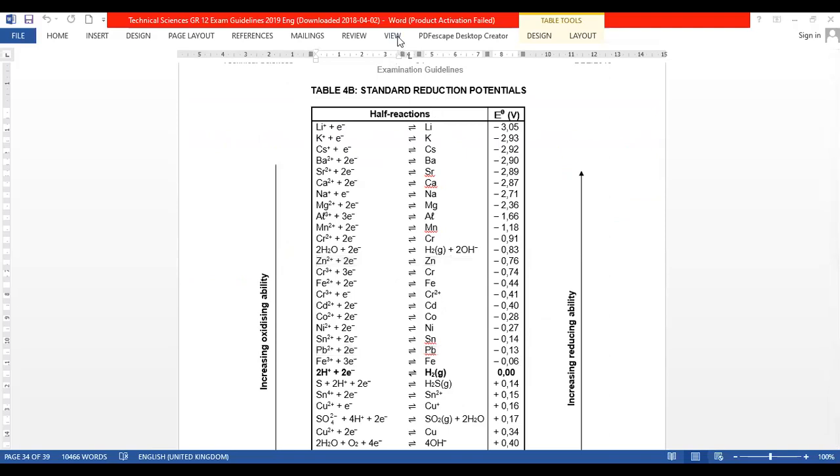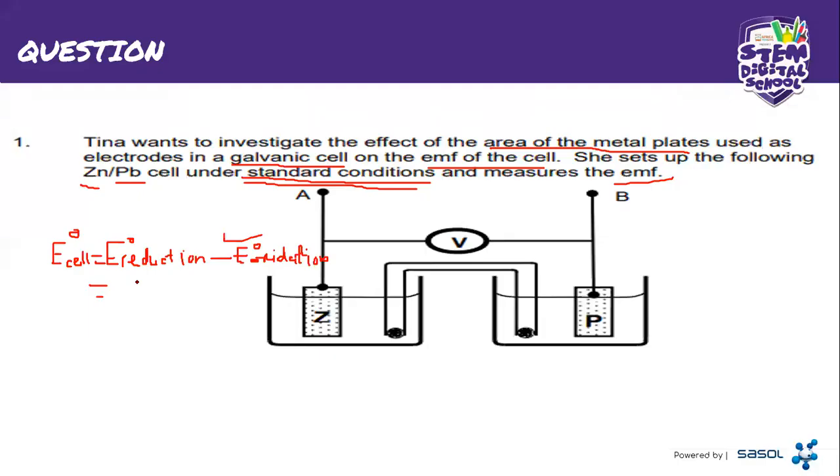Then I'm going to say for the substance that underwent reduction, which is the lead, the E naught value was negative 0.13 minus E naught oxidation for zinc, it was negative 0.76.